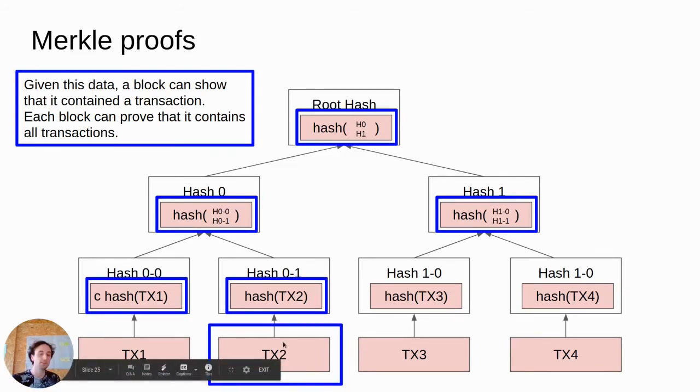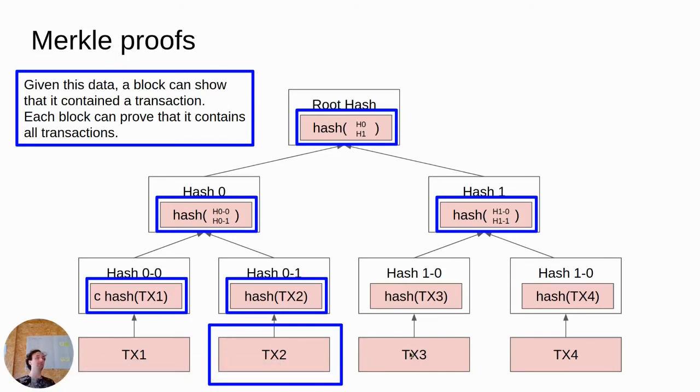So if I provide somebody with just this data, I can confirm that this happened in a transaction Merkle tree without revealing any of the other transactions. So this creates the ability to create efficient summaries and efficient proofs without having to have the whole block data provided.